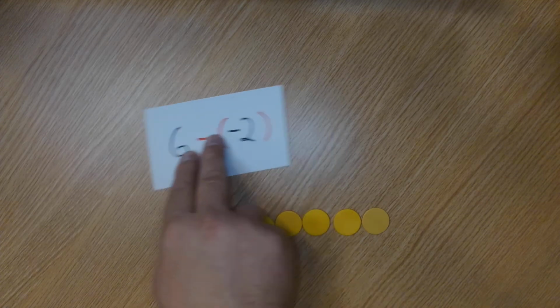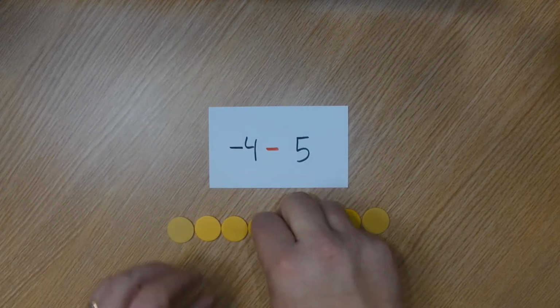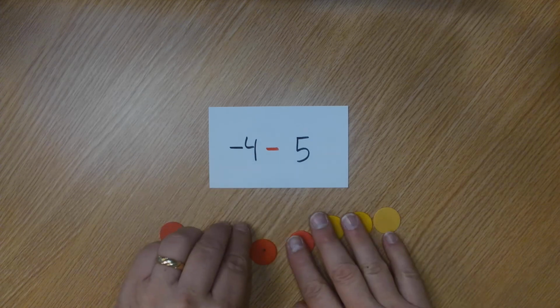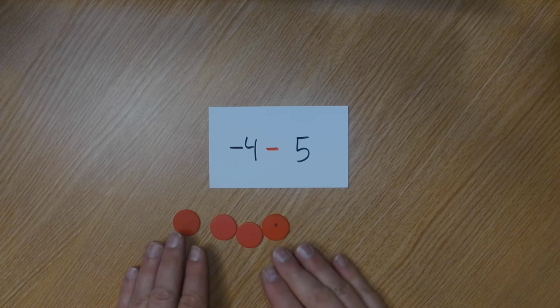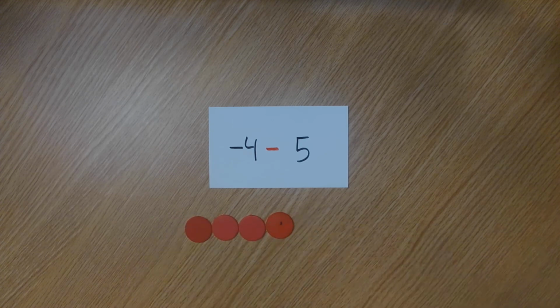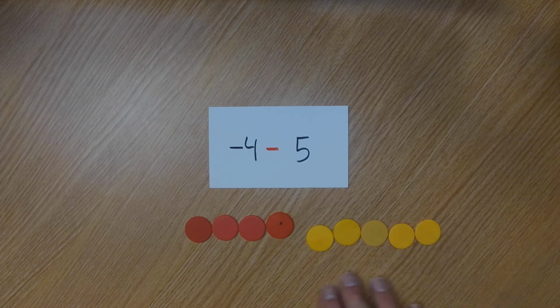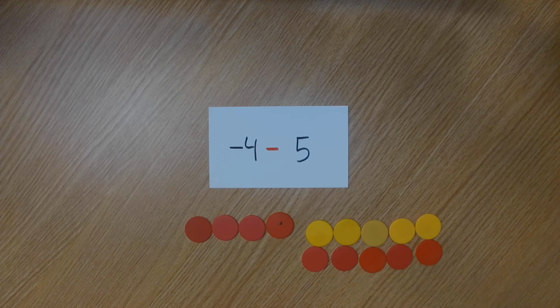But what if we were to switch these two around and happen to have a negative in the front and a positive in the back? So now I have a negative 4, but I want to subtract 5. Again, I do not have 5 positive discs. So if I want to add my 5 positive discs, but I don't want to add them, so I do what I had done prior, and I also include negative discs.